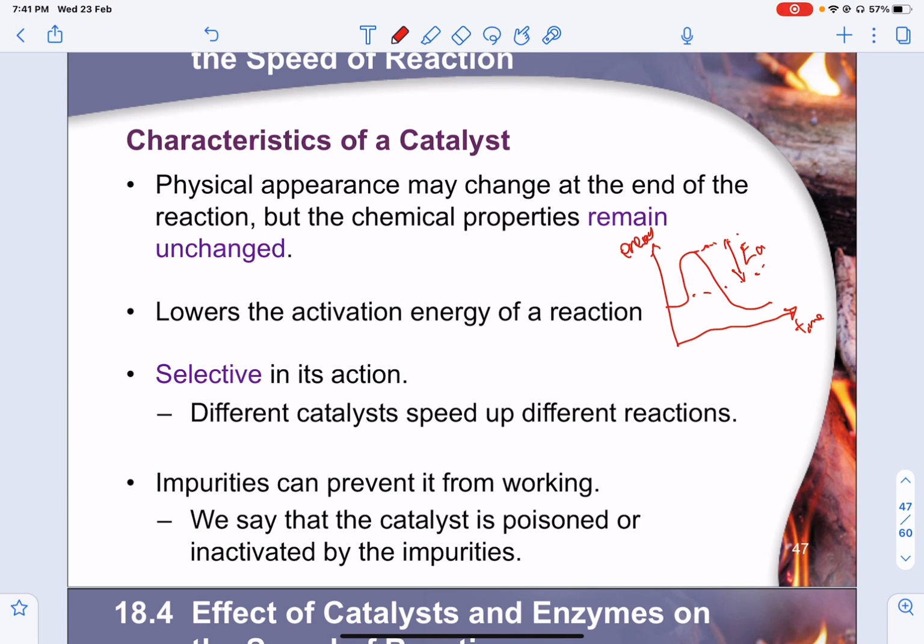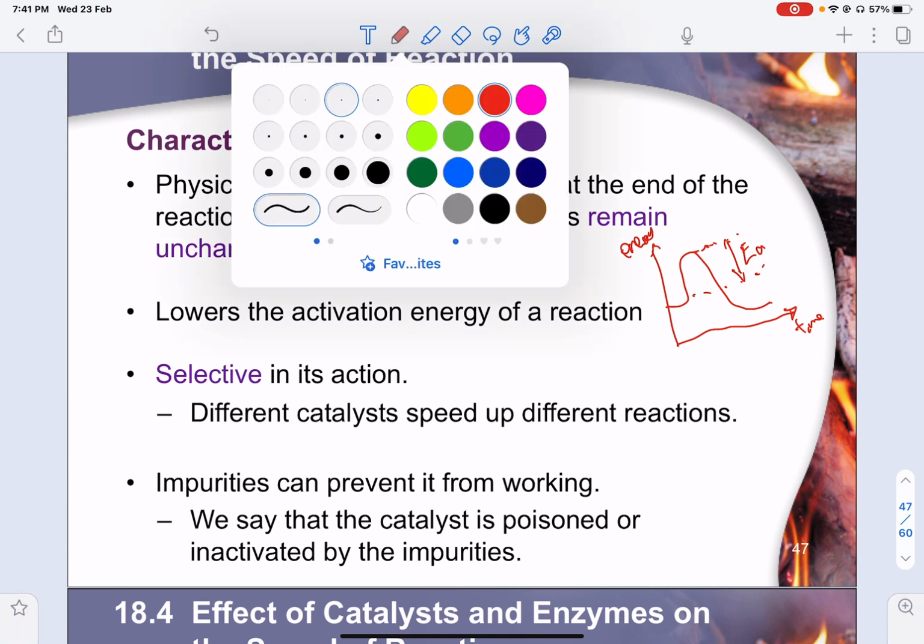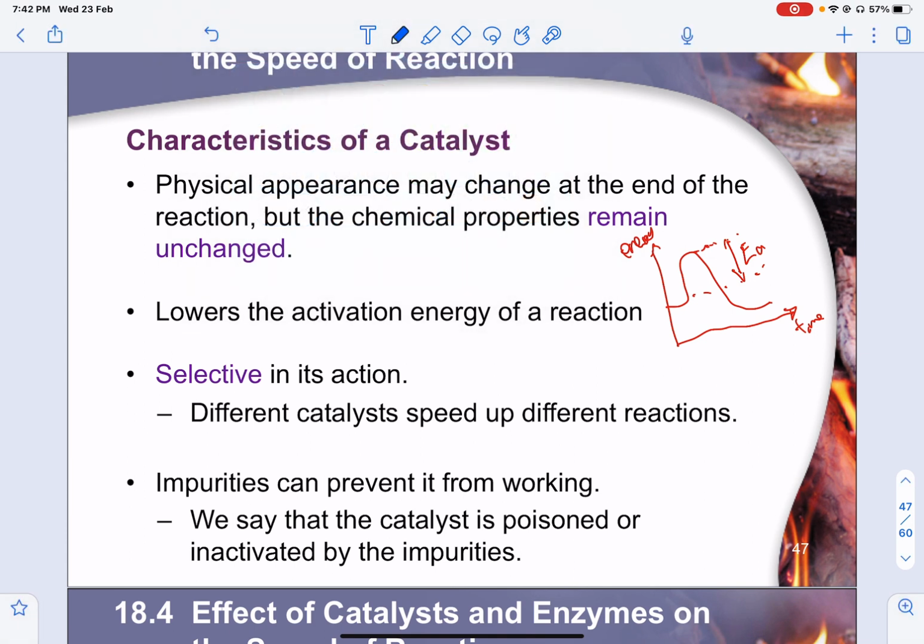Okay, so what does that mean? It means that by adding the catalyst, how it's able to speed up the reaction is that it lowers this activation energy, this height. Meaning that rather than requiring maybe 20 joules of energy to start the reaction, now you need maybe half the amount, so 10 joules and you can start the reaction already.